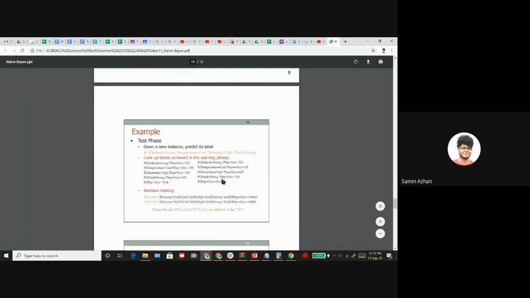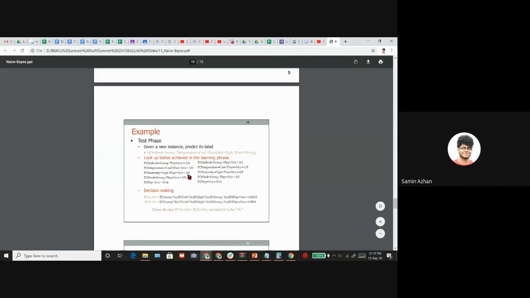If we plug in all these values, we can use the naive Bayes rule. This portion, if you remember the rule, it's simply taking all the attributes for given yes and multiplying them all together. So we're multiplying the probability of sunny given yes, the probability of temperature equals cool given yes.